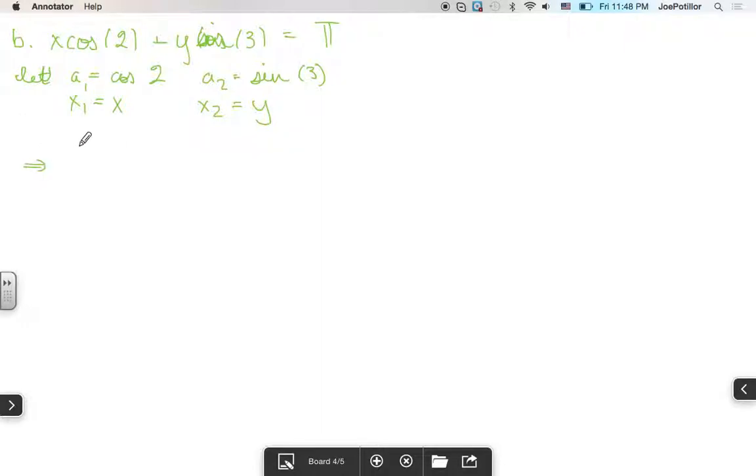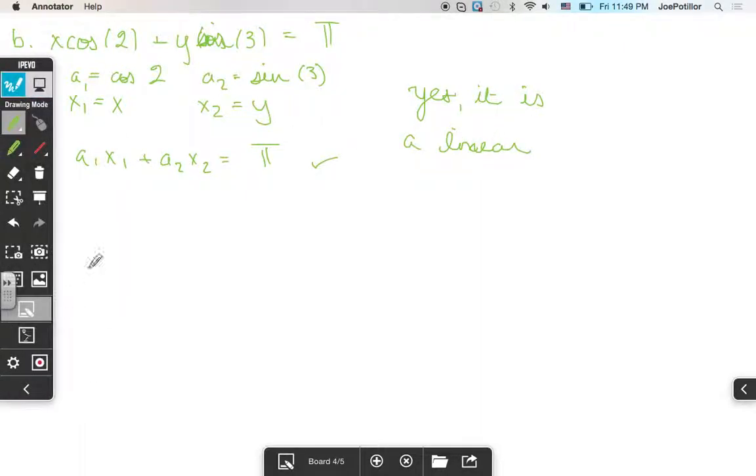This becomes a1 x1 plus a2 x2 is equal to pi, which of course is a linear equation. Yes, it is a linear equation.